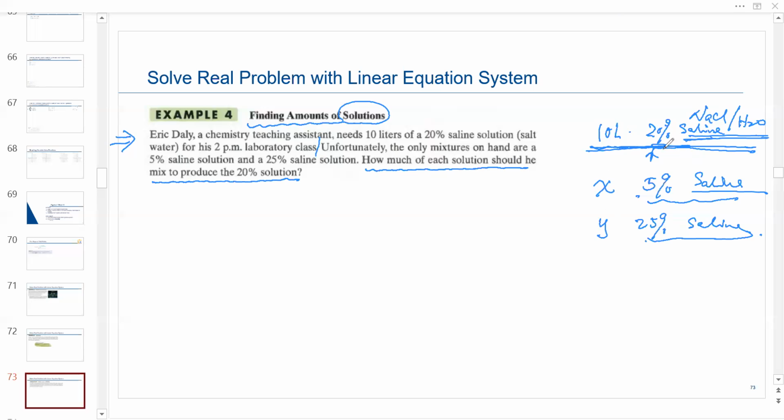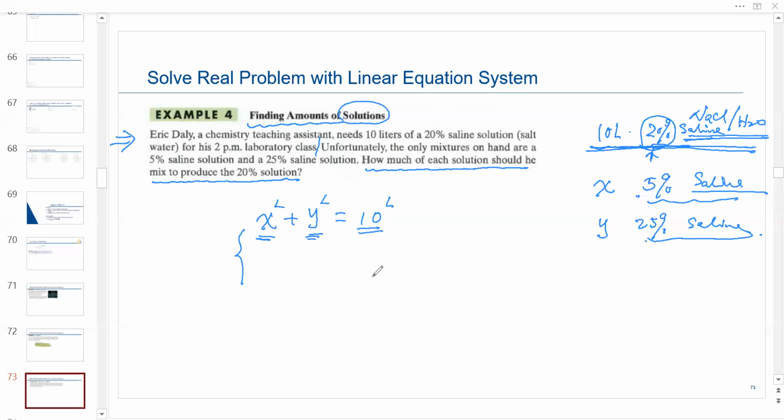When making the solution, the concentration changes, and finally the concentration becomes 20%, right? If you mix x plus y, it totally becomes 10 liters, right? So you take x liters and y liters from here, and finally the mixture becomes 10 liters. You build one of the equations.